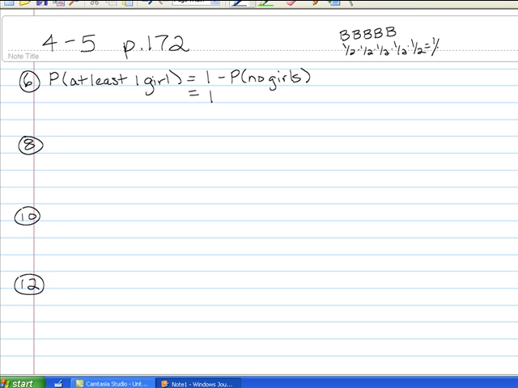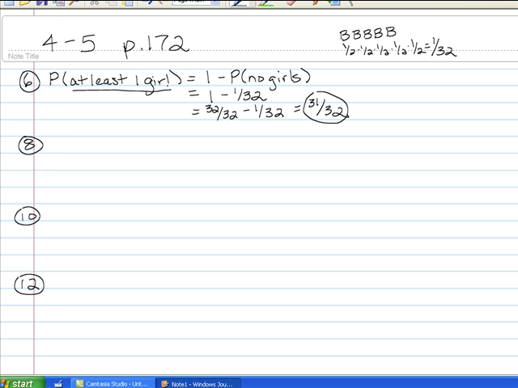So the probability of all boys would be 1/32, and 1 is 32/32nds. So that would be our probability, and here's our complement right there.